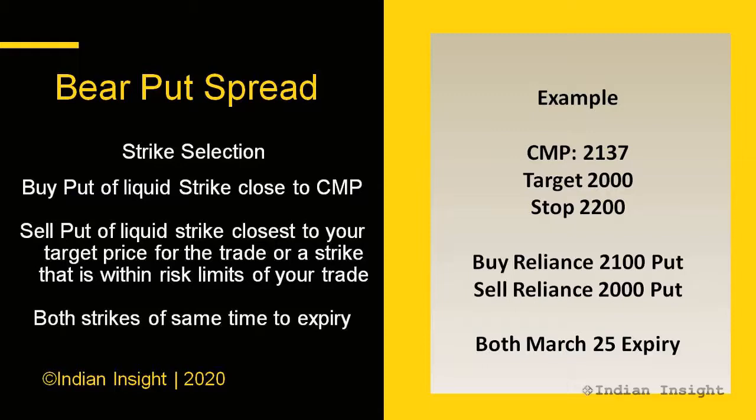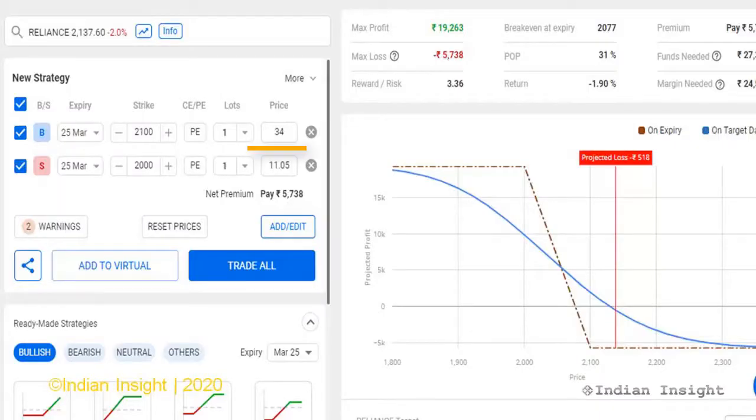Since the strike price of the 2100 put is closer to the current market price than the strike price of the 2000 put, the 2100 put is going to be more expensive than the 2000 put. You will need to pay to buy the 2100 put, and you will receive a premium for selling the 2000 strike put. Here you see that the 2100 strike put is available for 34, while the 2000 strike put is available for 11 rupees.